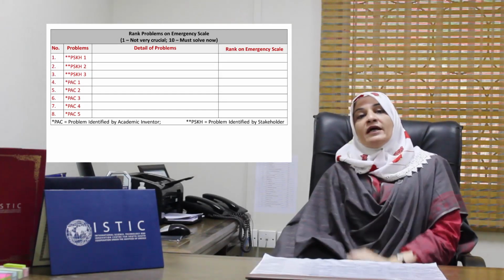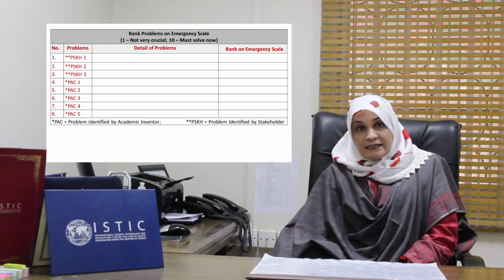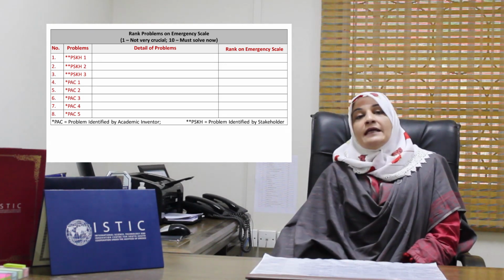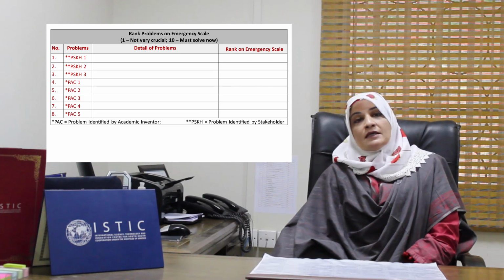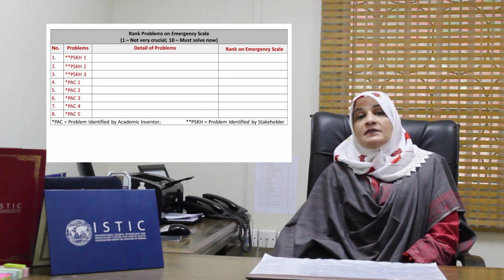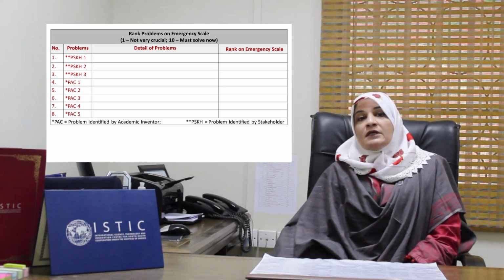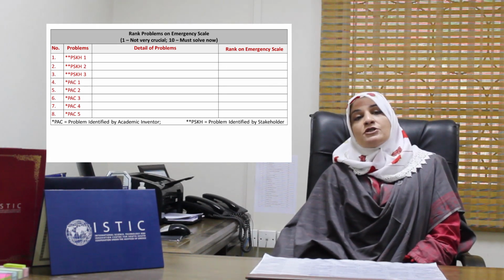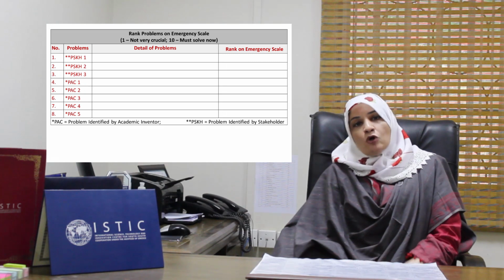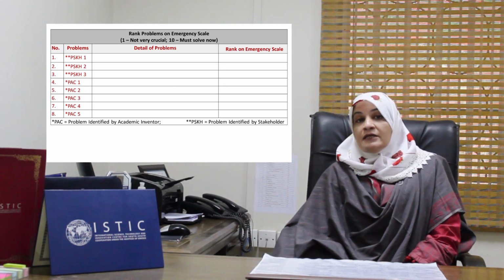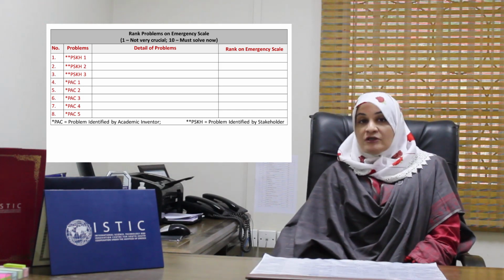In section number 5 of this script, you can see that we again have all those 8 problems listed down, and now we are asking them for the emergency level of solving these problems. Each and every problem does not really need research. Some problems can be solved on their own. But there are a few problems which definitely need research and some future inventions to solve.